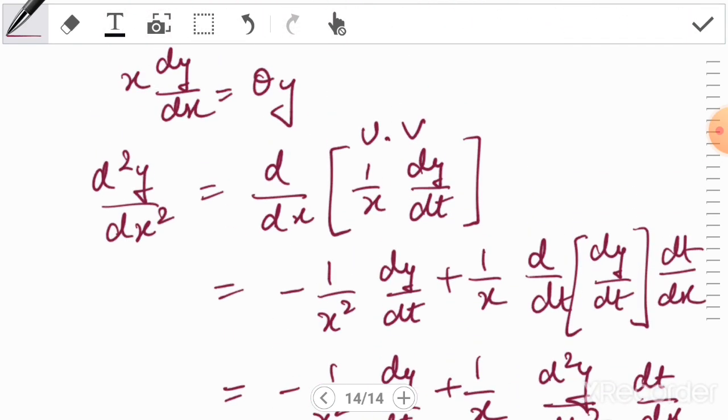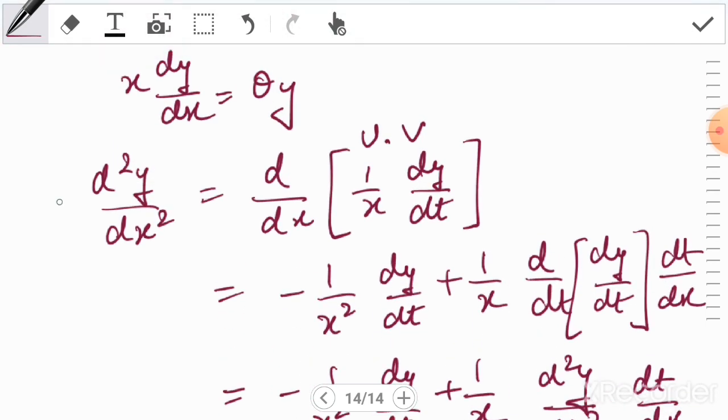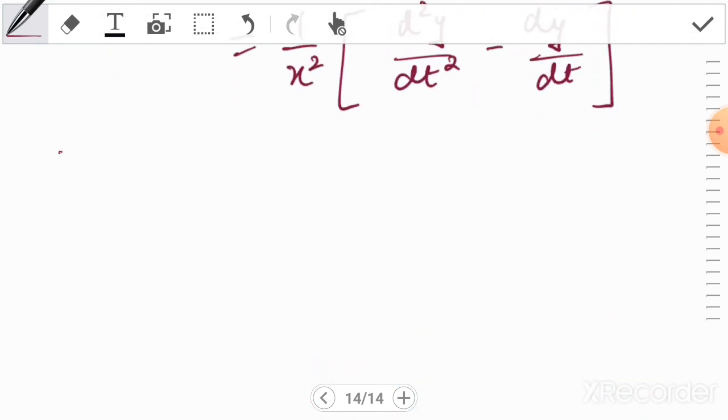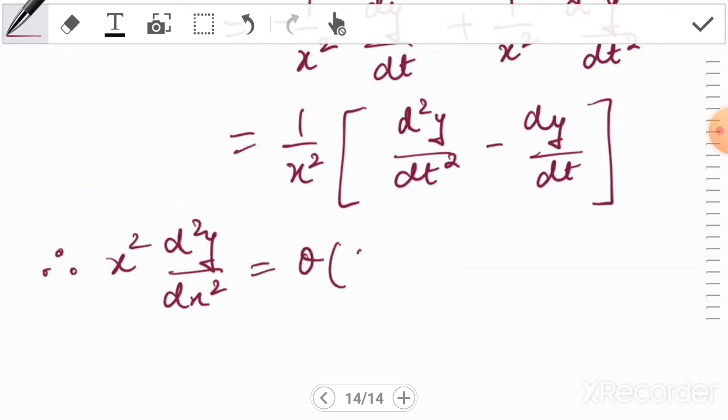Now this x square can be taken to the left hand side. So x square d square y by dx square is equal to theta times (theta minus 1) times y, because this is theta square minus theta.